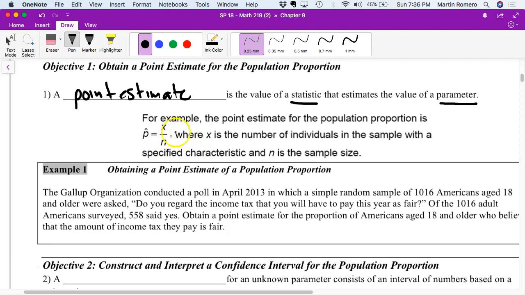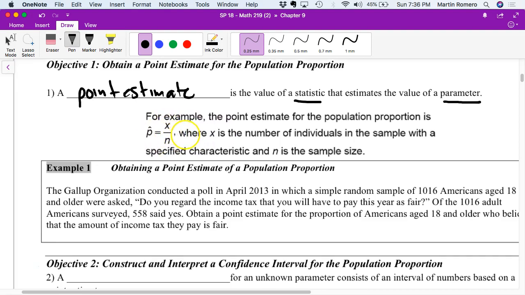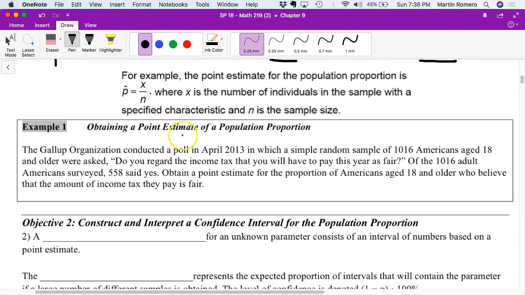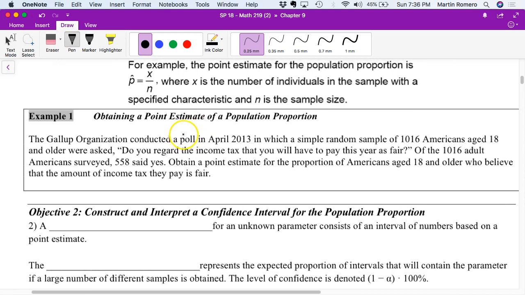And so we've done this previously. For example, here's the equation for a point estimate for a proportion. And here's an example we could quickly do. Gallup organization conducted a poll in 2013. 10,016 Americans age 18 were asked, do you regard the income tax that you will pay this year as fair? Of those 10,016, 558 said yes.